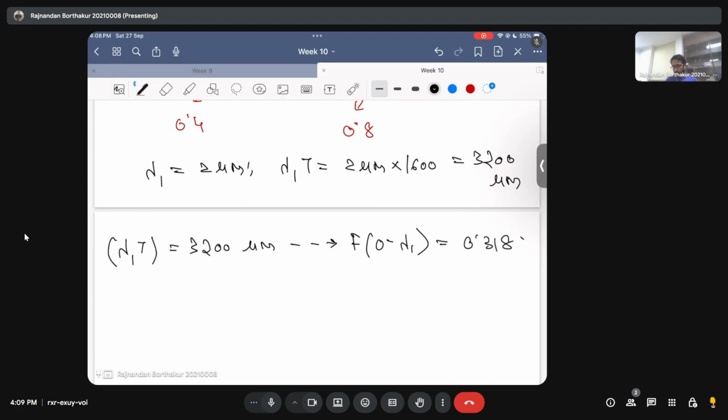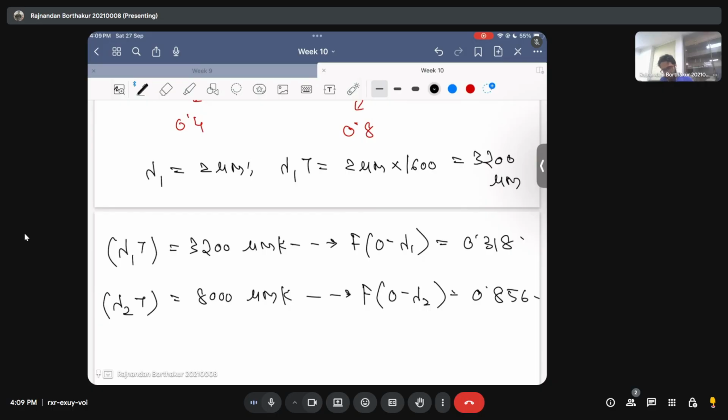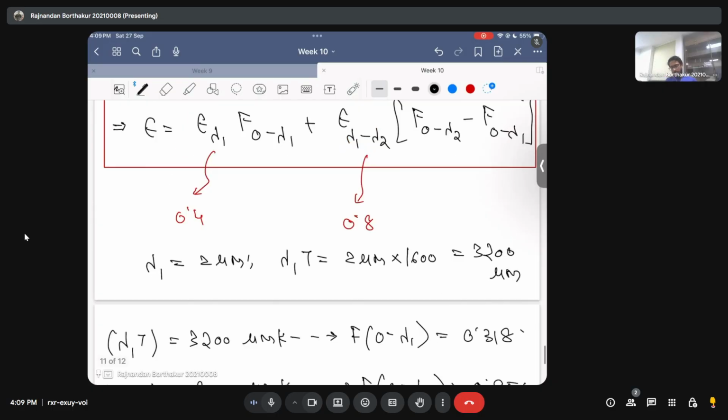That's it. Then if you calculate lambda 2 times T, this comes out to be equal to 8,000 micrometer Kelvin, and corresponding to this, the band emission fraction is equal to 0.856. That's it. You just now need to substitute values.